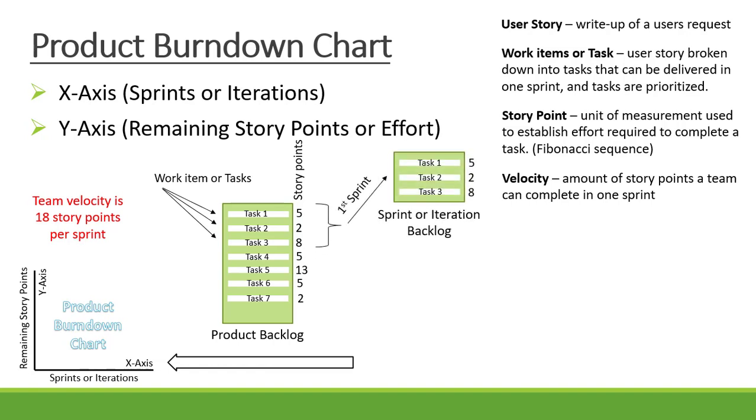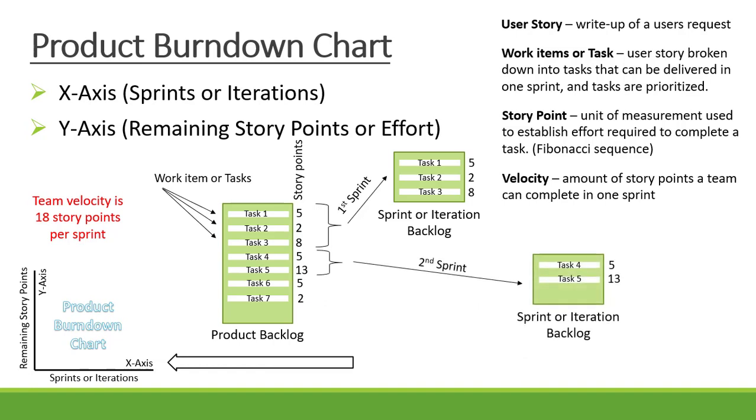Now, for sprint 1, tasks 1, 2, and 3 total 18 story points. So tasks 1, 2, and 3 will go into the sprint or iteration backlog, and those tasks will be attended to in sprint 1. After the sprint is completed, the completed story points are subtracted from the total story points and indicated on the product burndown chart.